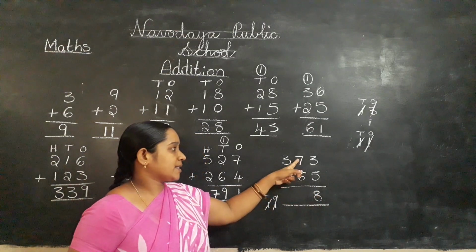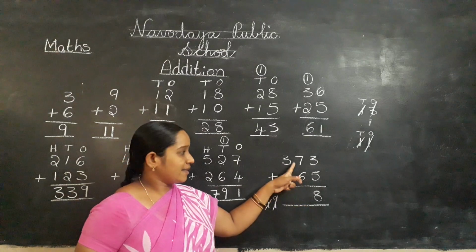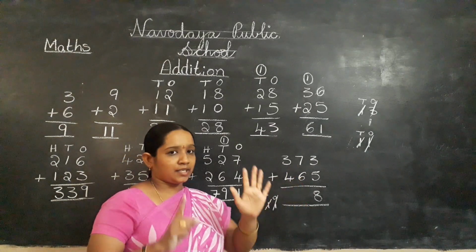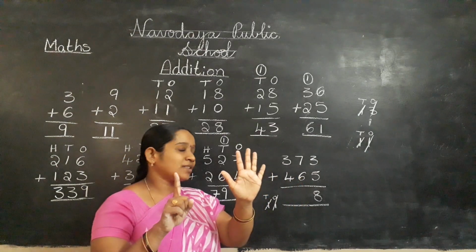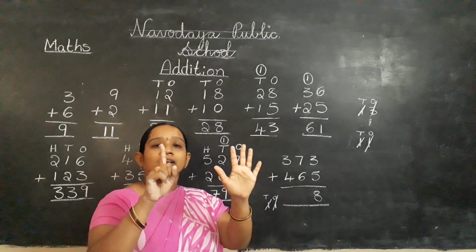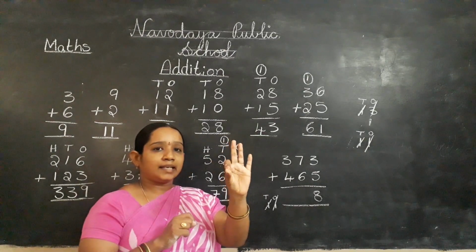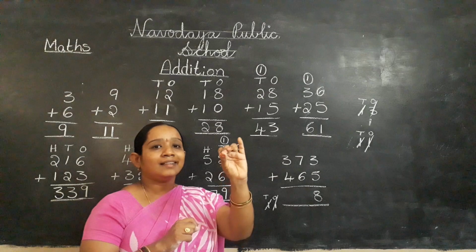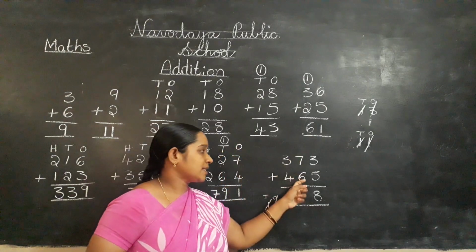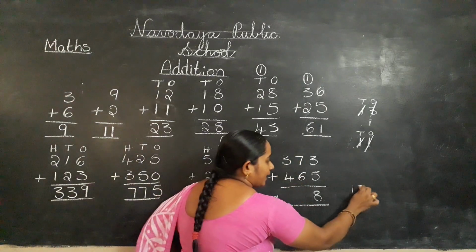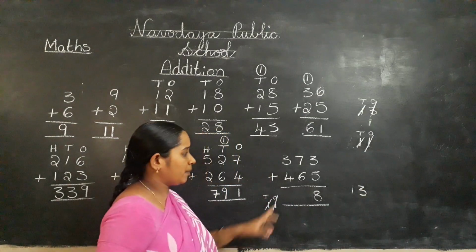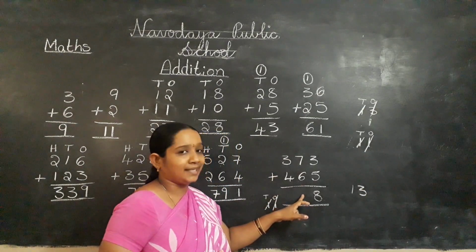Next, tens place. 7 plus 6. Keep 7 in mind, take 6 fingers. Count 7 after: 8, 9, 10, 11, 12, 13. 7 plus 6 is how much? 13. Again, 13 is a 2-digit number, but here we want to write only a single digit.